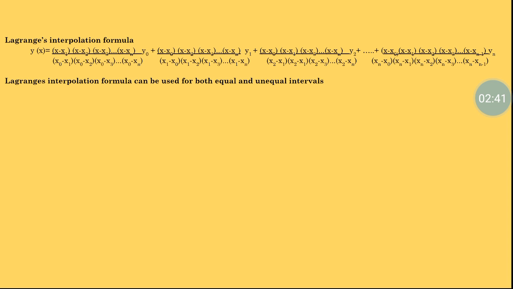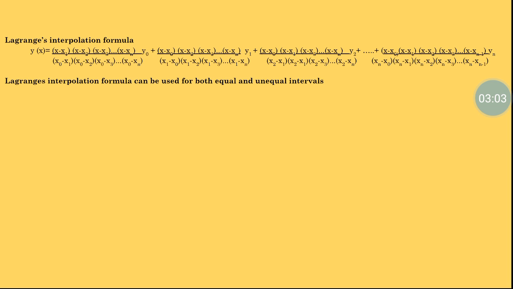So your formula is: the first term is multiplied with y0, the second term is multiplied with y1, the third with y2 and so on up to yn terms. In the first term, which is multiplied with y0, x0 does not appear in the numerator, it is in the denominator.